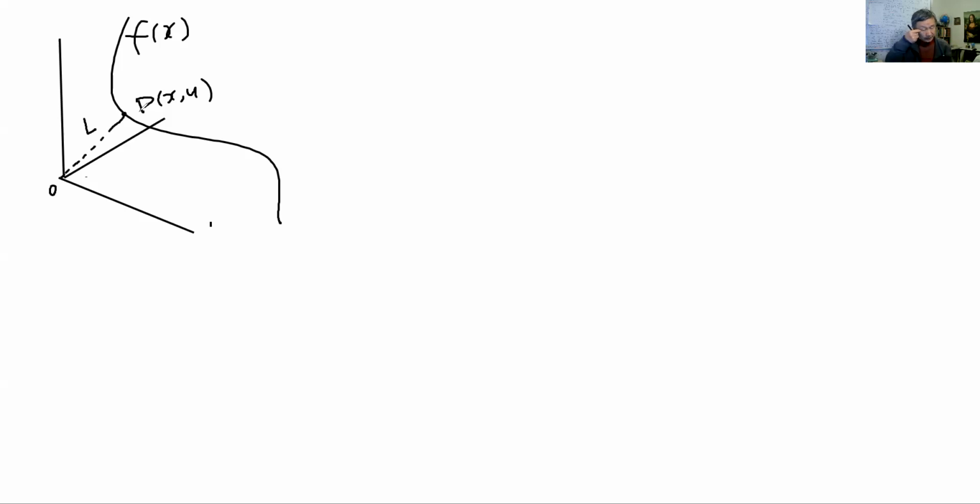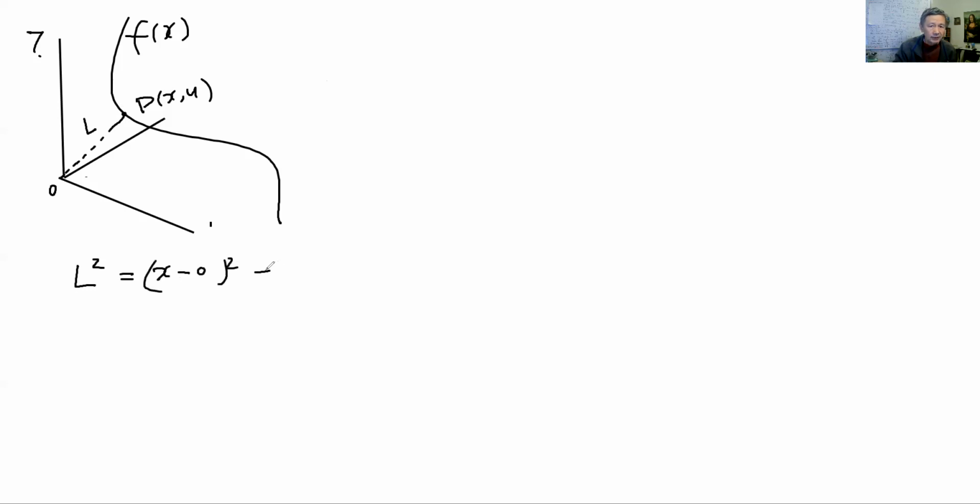Okay, so what can you do? We know the distance. Do you know the distance formula? This is question 7. The distance formula is equal to x minus 0 squared, the Pythagoras rule.